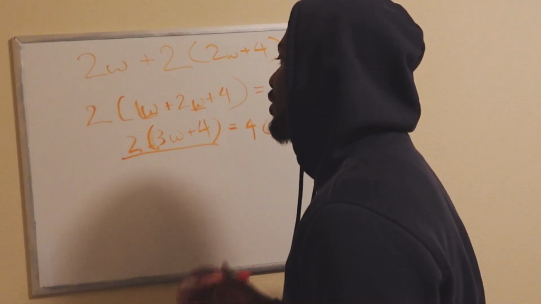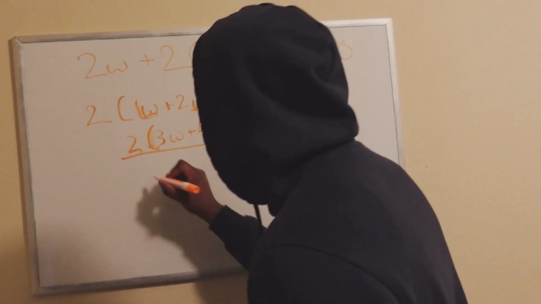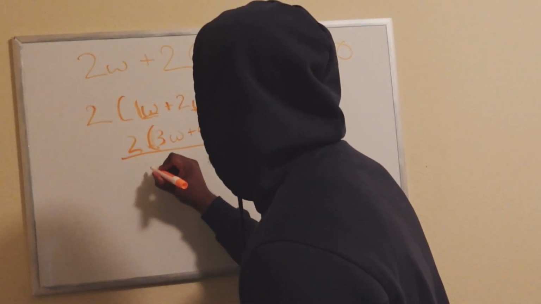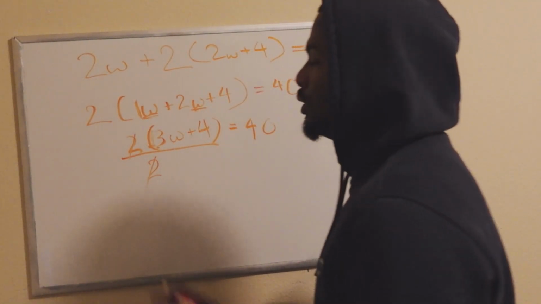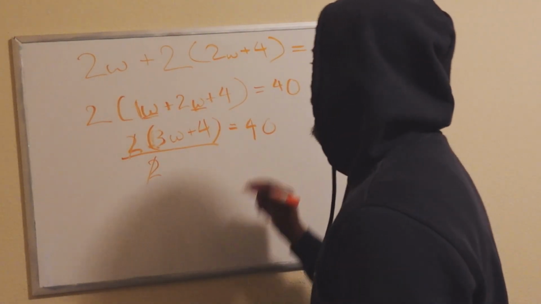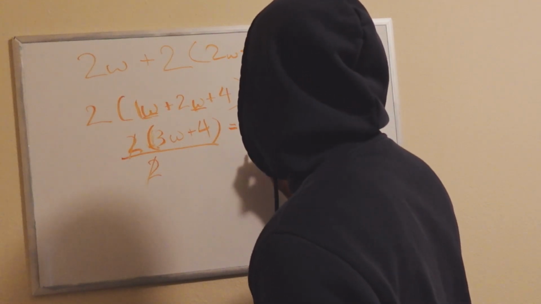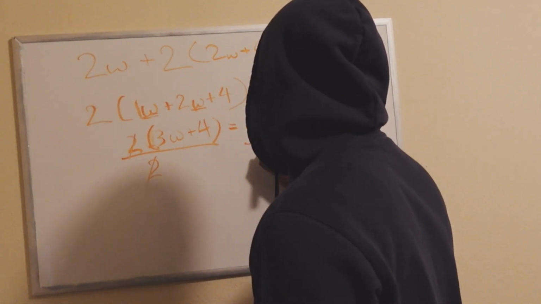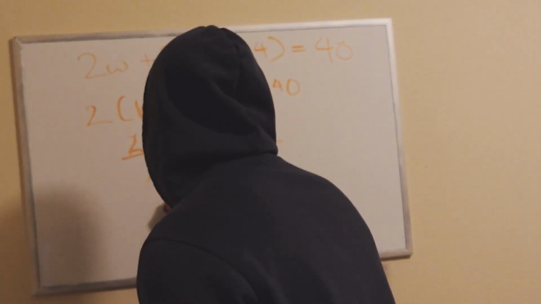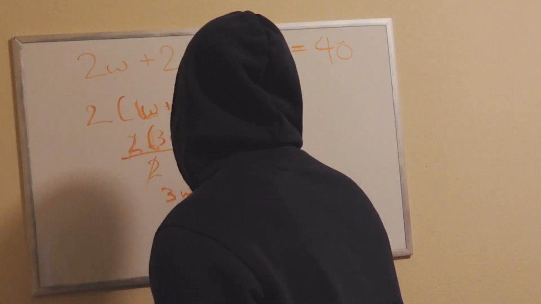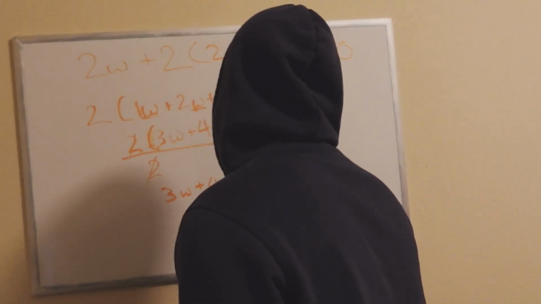The opposite of multiplication is division. So that's a 2 here. We want to get rid of it. Divide that by 2. Boom. That's gone. But what you do to one side, you do to the other, right? So now we have 3W plus 4 equals 20.